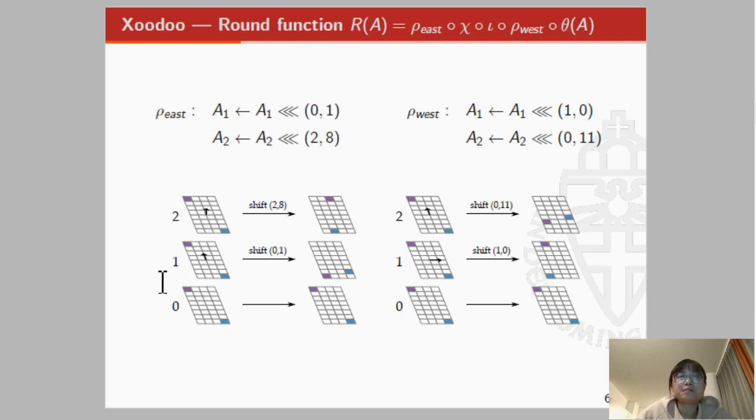For example, in rho-east, on the first plane there is no shift, and on the second plane every bit will shift along the z-axis by 1 bit, and on the third plane every bit will shift along the x-axis by 2 bits and shift along the z-axis by 8 bits.